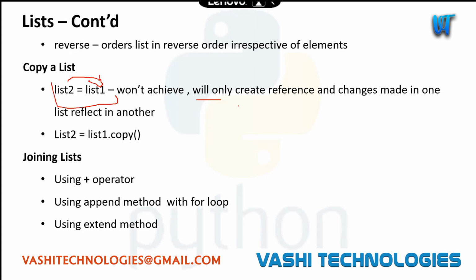If we make any changes in list1, that will be reflected in list2. But what we are trying to do is copy list1 to list2 and perform some operations on that. So what we can do in this case is use list.copy. List.copy will copy list1 into list2.